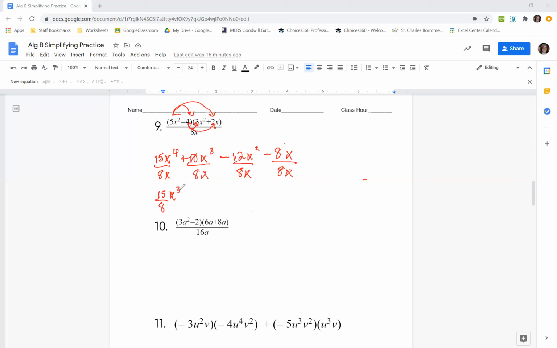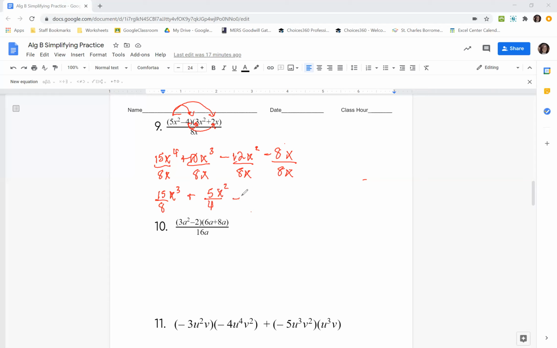Now plus, now 10 divided by 8, 8 does not divide into 10 evenly, but that is a fraction that could be simplified, right? What can you divide evenly into 10 and 8? 2. 10 divided by 2 is 5, 8 divided by 2 is 4. X cubed divided by x leaves me with x squared on the top.